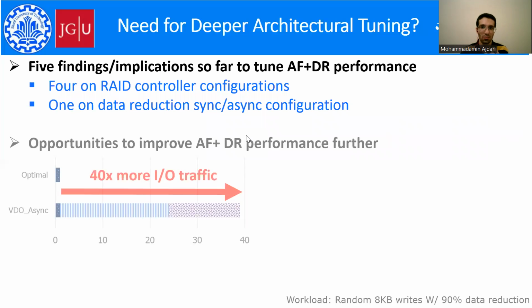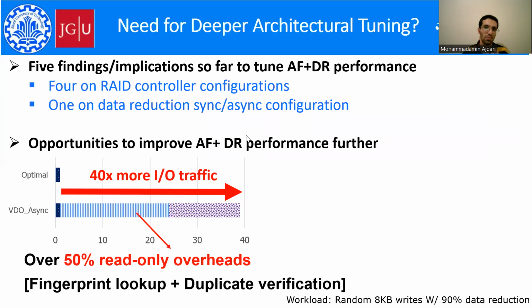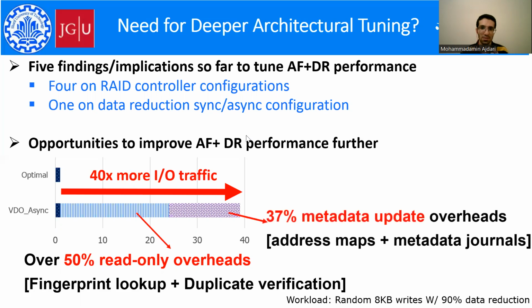We observe that our presented 5 tunings still leave a 40x higher overhead of the tuned VDO versus the optimal data reduction implementation. 50% of the remaining overheads are read-only operations for duplicate detection through fingerprint lookups and data duplicate verification. The other 37% is for metadata updates.